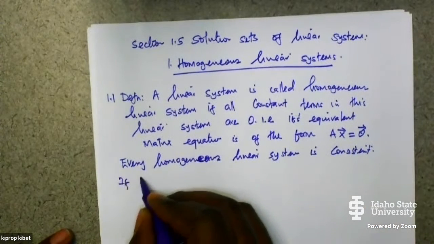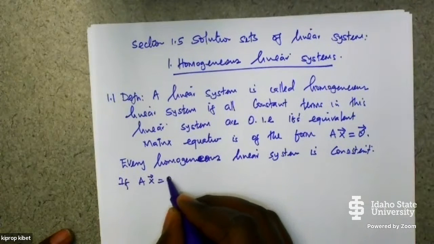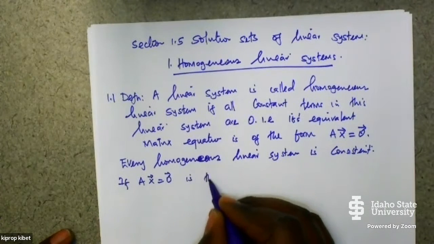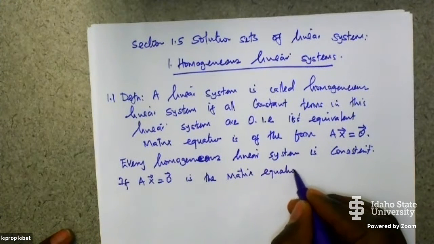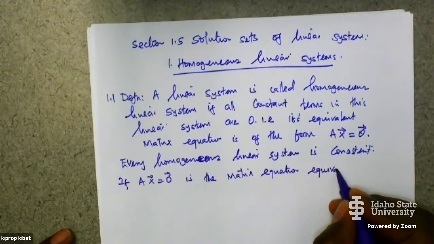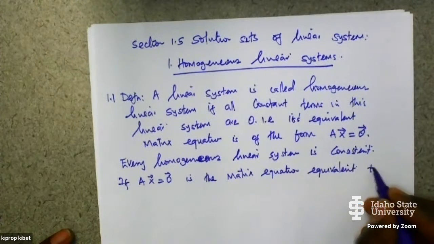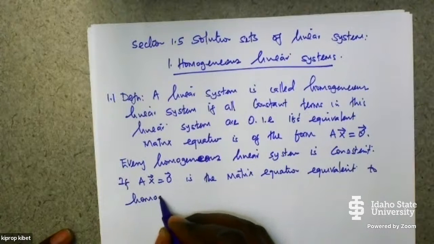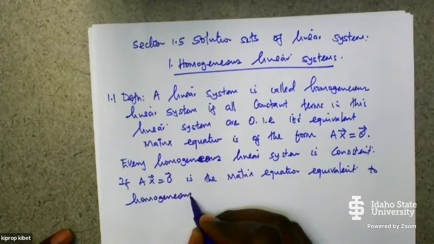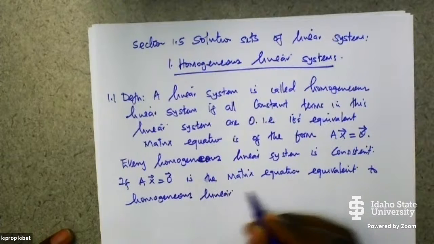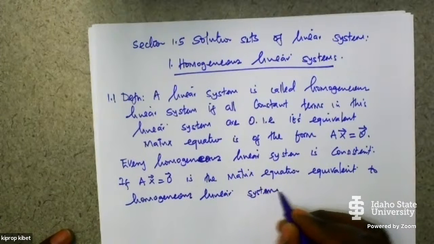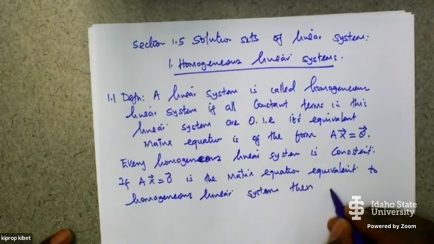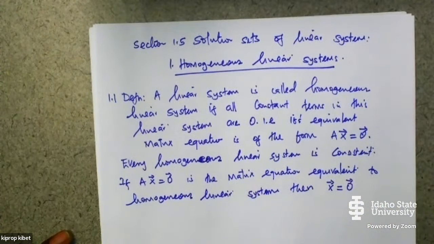If AX equals 0 is the matrix equation equivalent to a homogeneous system, then X equals 0.